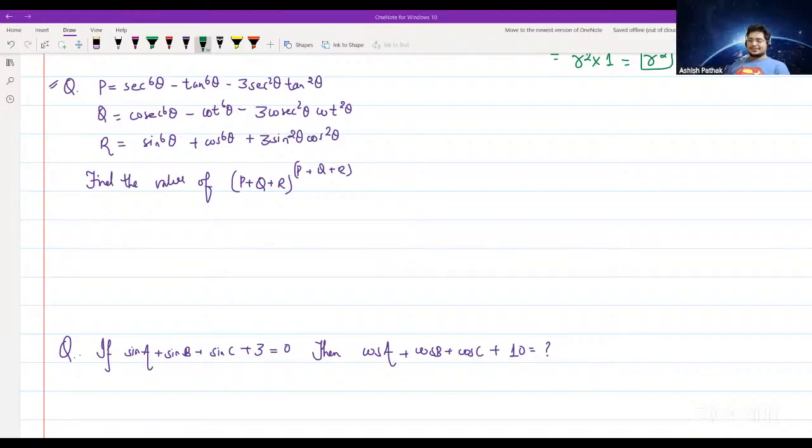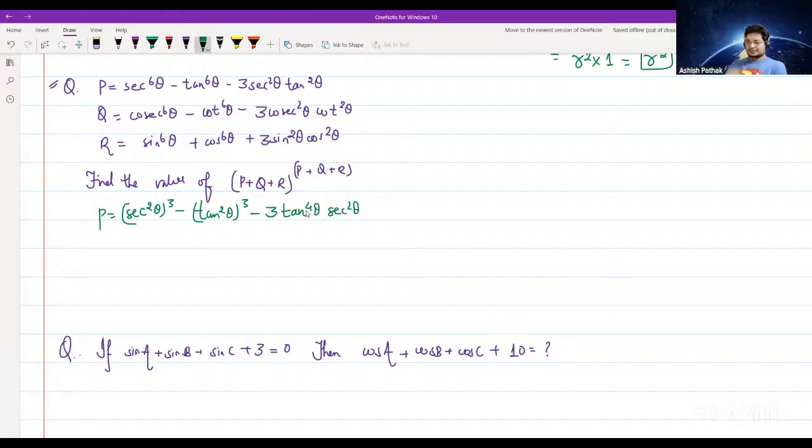Yes, that's the thing. You got it correct. So we can write this one as sec to the power 2 to the whole cube minus tan square theta to the whole cube minus 3. If I will solve this one, you will get this one as 3 tan to the power 4 theta sec square theta.